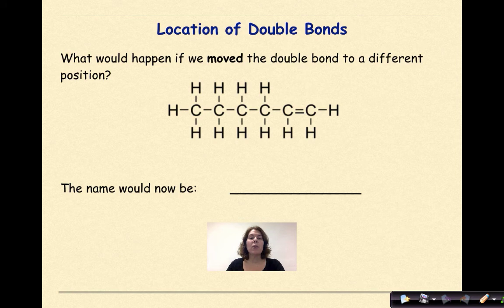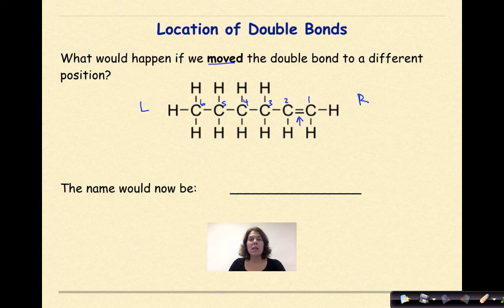What would happen if we moved the double bond to a different position? Again, we have to ask ourselves, if this is my left and this is my right, which end should we start counting from? Again, we're going to start counting from the right. So this is carbon 1, 2, 3, 4, 5, 6. It's still hex, it's still ENE because we have our double bond right here.